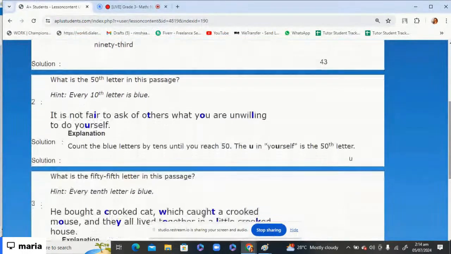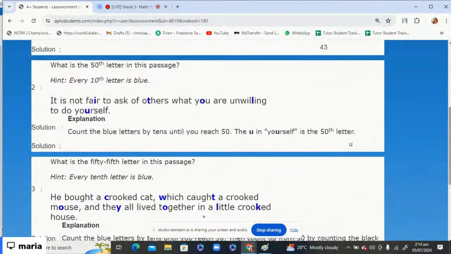For example, what is the 50th letter in this passage? Look at here the passage now, you all. Here the passage is, and every 10th letter is blue. They are saying that every 10th letter is blue. First of all, you guys tell me what is 50th here? It's ordinal or cardinal?